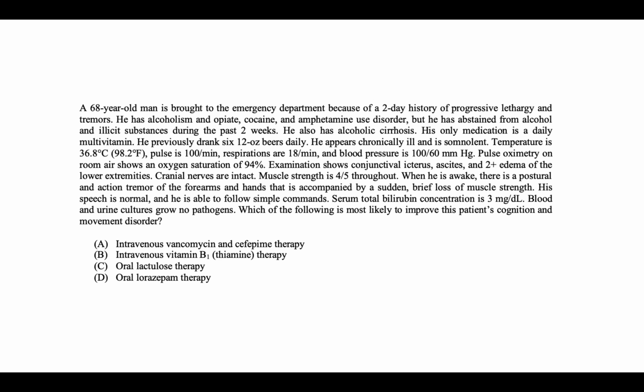But we would see some source of infection. So they would say something like, this guy's got urinary symptoms, or his urine cultures would have grown back something. You would have some sort of cough to represent pneumonia. You would have had some sort of abdominal pain or tenderness on exam to represent maybe SBP, or spontaneous bacterial peritonitis, especially in a cirrhotic who's got ascites.